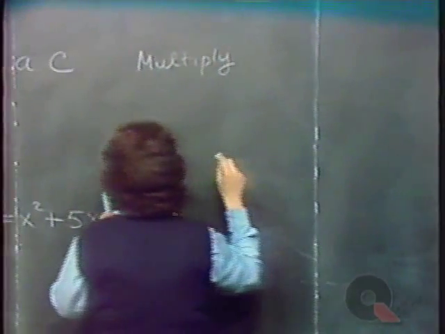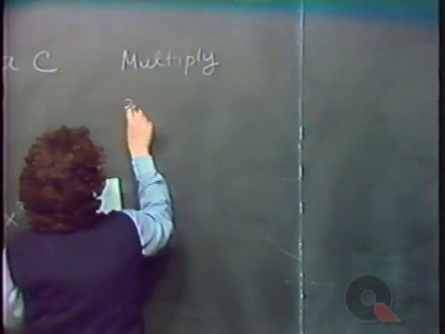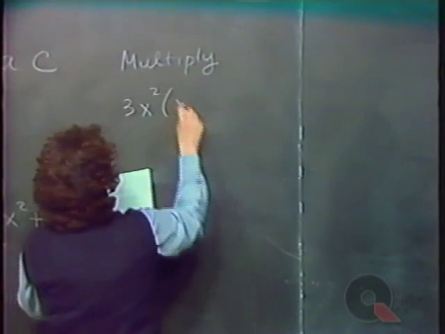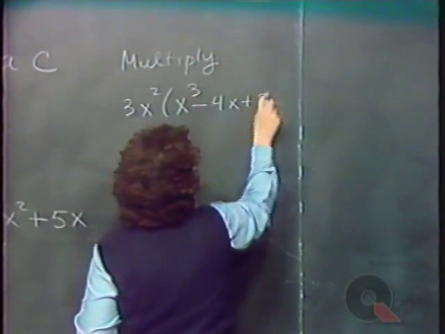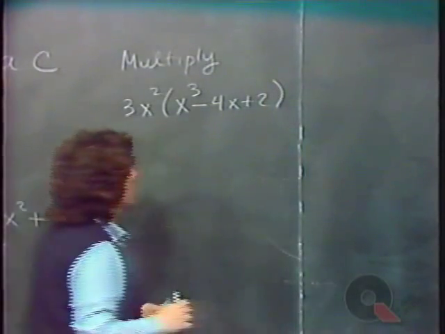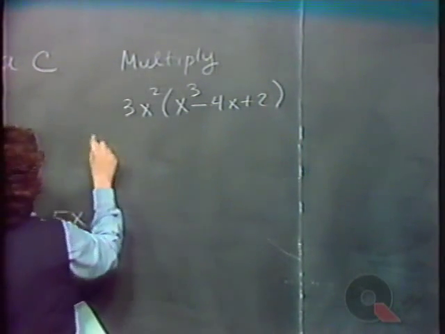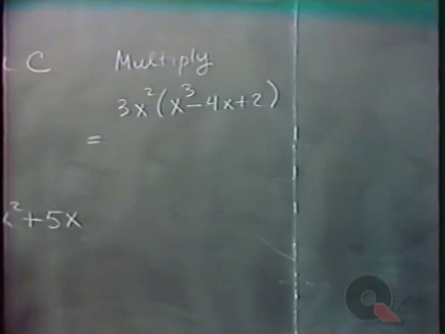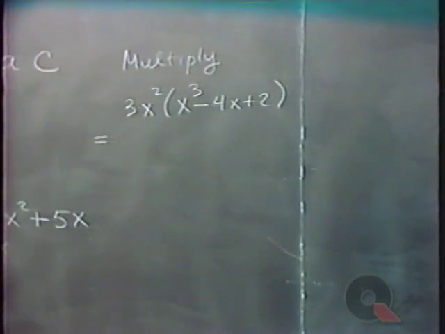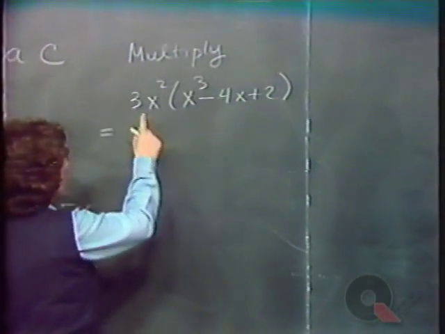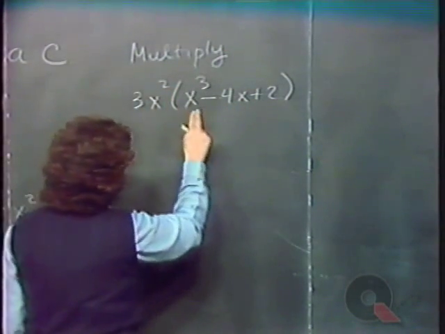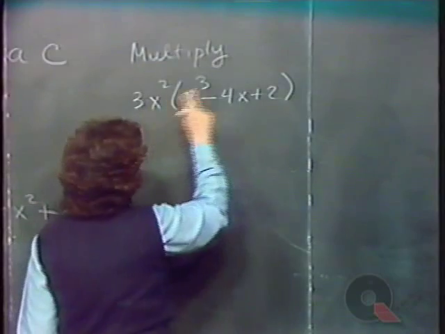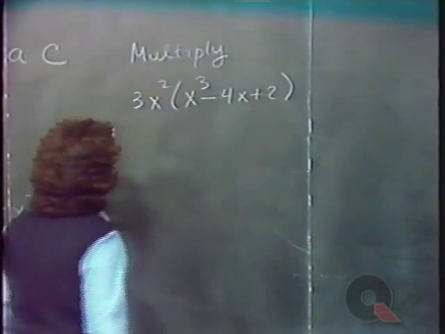We multiply out the following: 3x squared times (x cubed minus 4x plus 2). Okay, we can extend the idea of the distributive law, say a times (b plus c plus d). In other words, a times b plus a times c plus a times d.